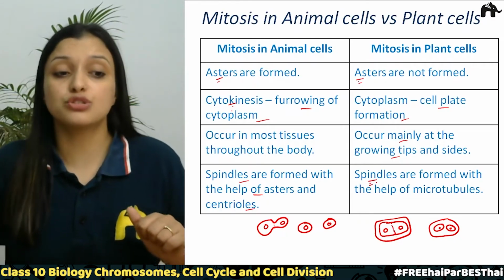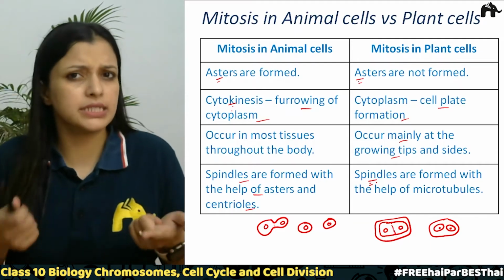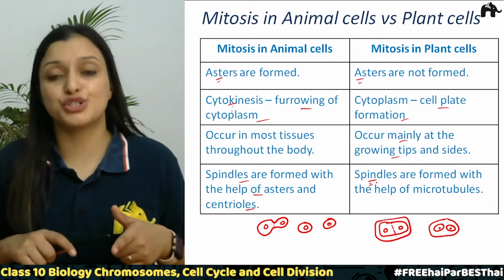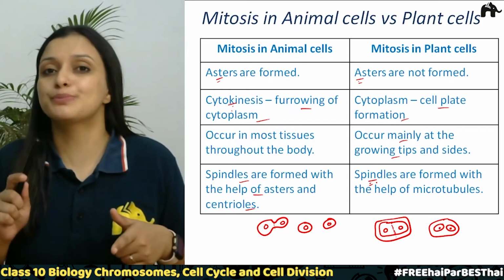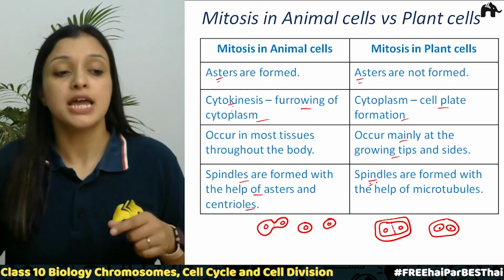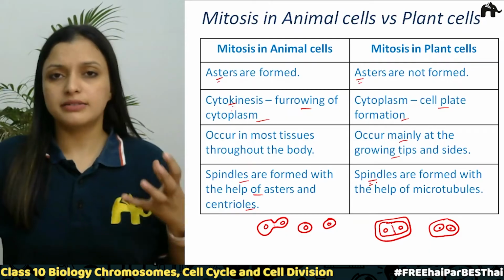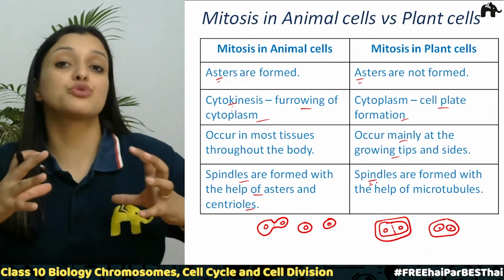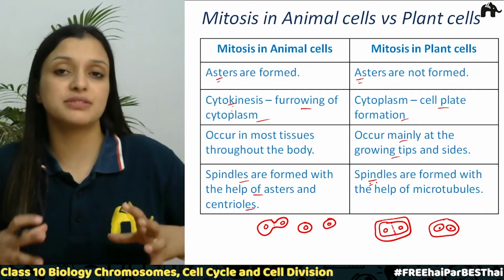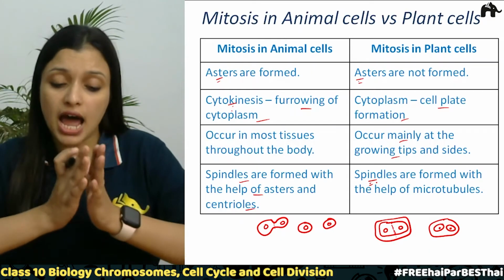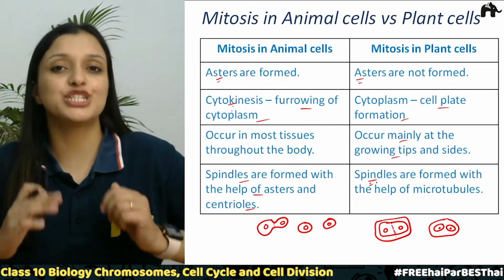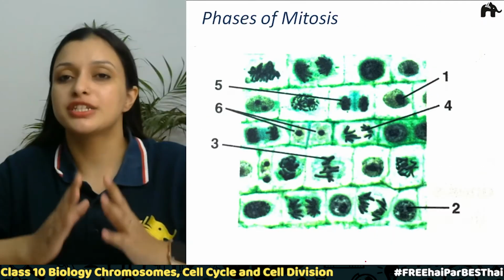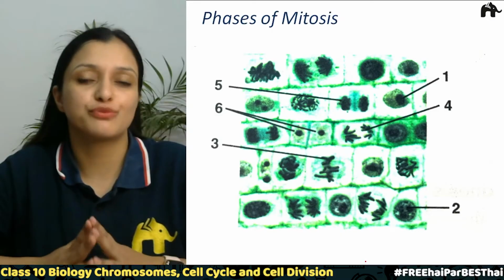In plant cells, asters and centrioles are absent, but they have microtubules which help in the spindle formation. So these are the basic differences in how mitosis happens in plant and animal cells. Now is the time to recall the stages of mitosis.